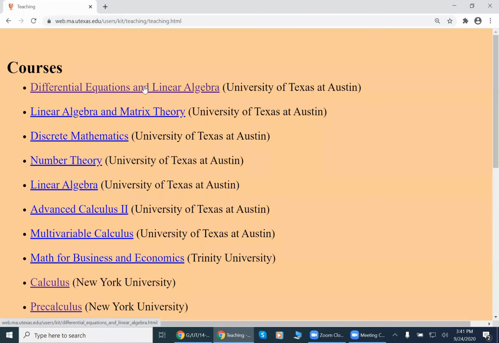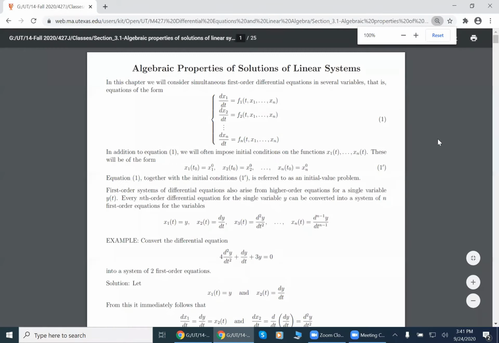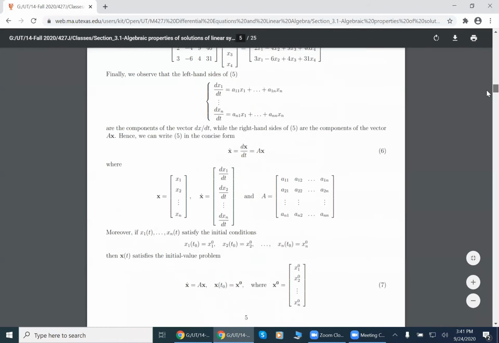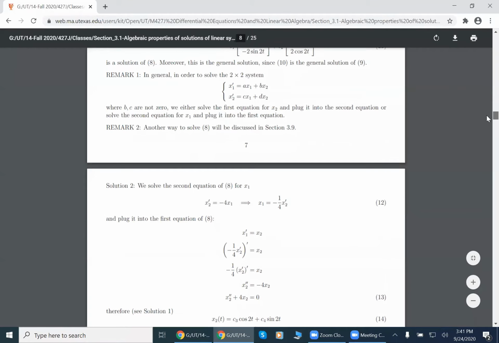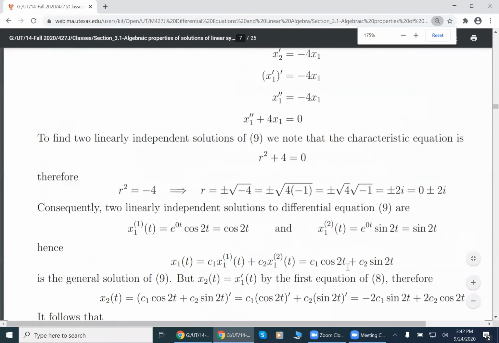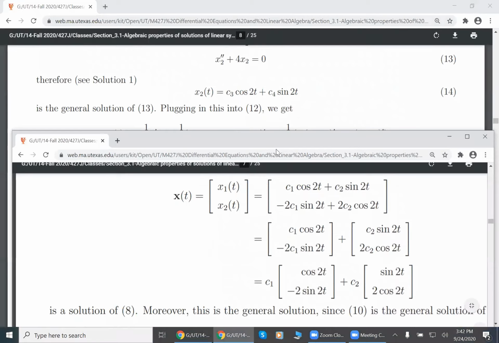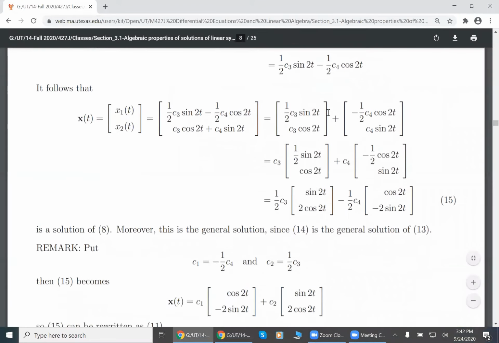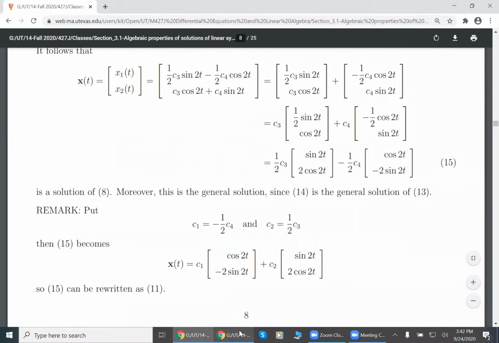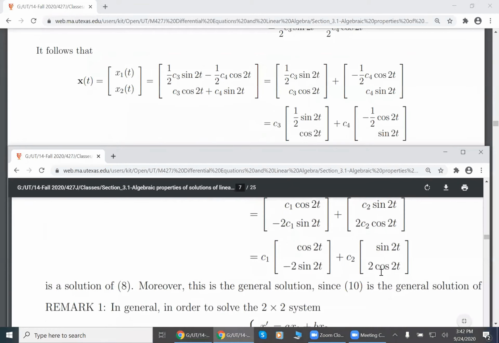So let me put two pieces together. Over here, we scroll down. This is the answer in solution 1. Let me make it smaller. So solution 2 and solution 1.